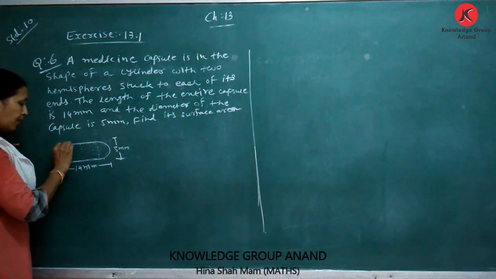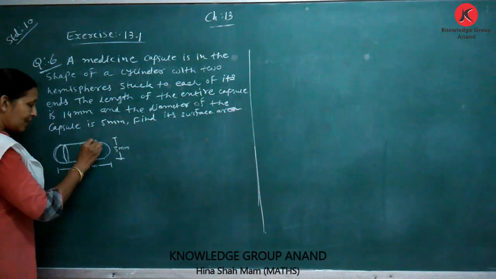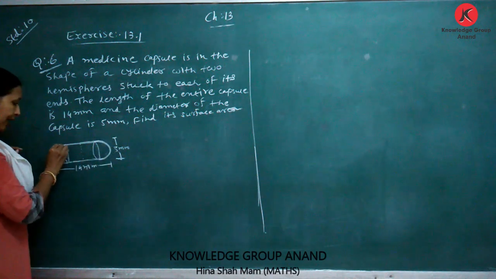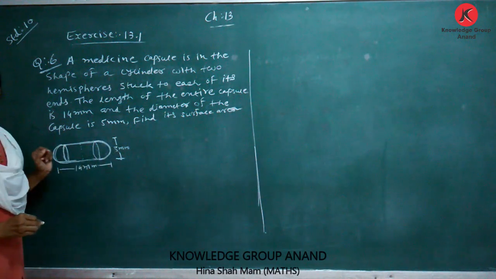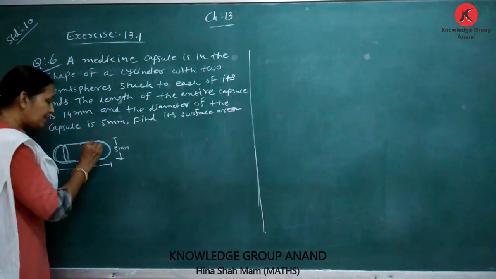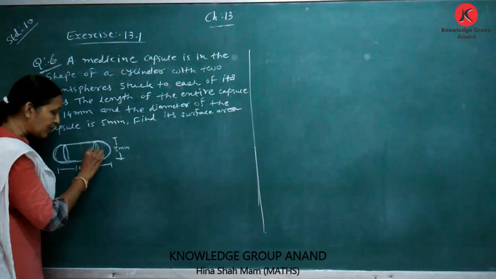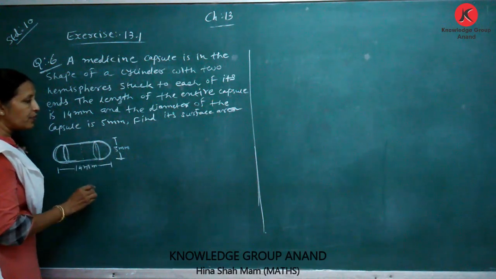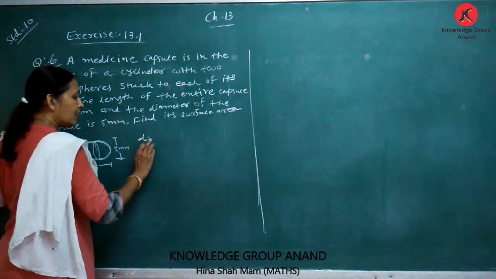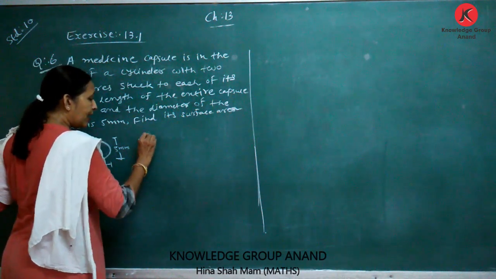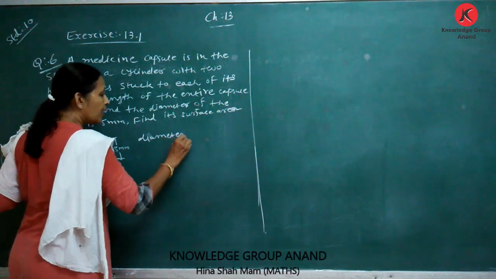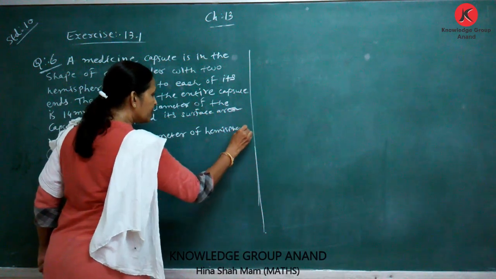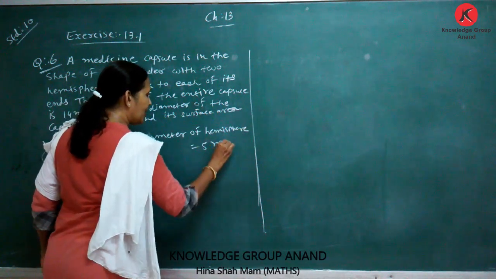Now it is made up of two shapes, a cylinder and hemispheres. The diameter of the hemisphere is equal to 5 millimeter.